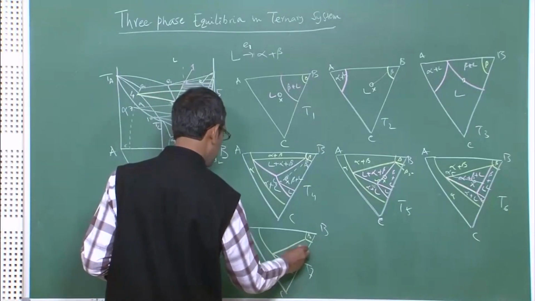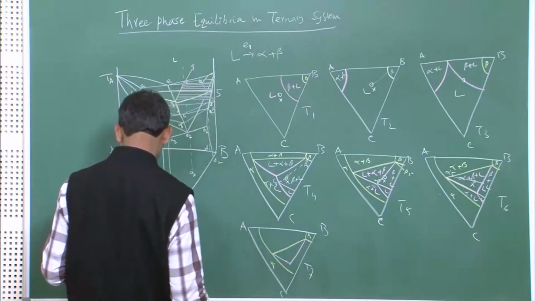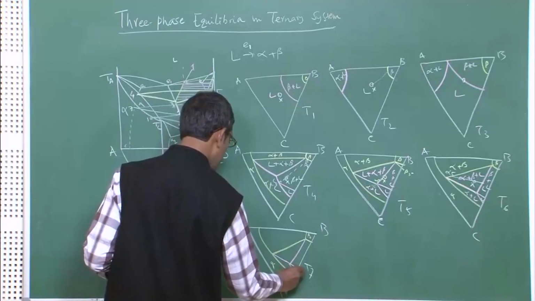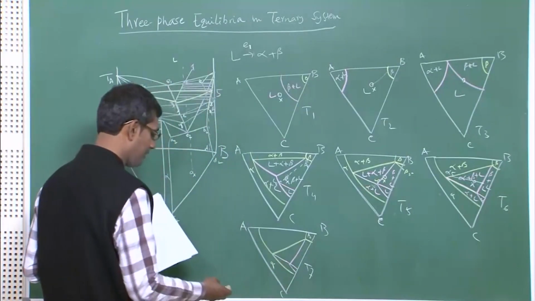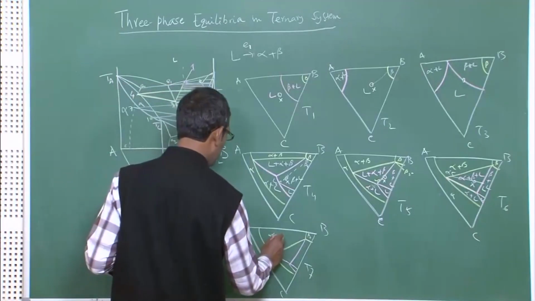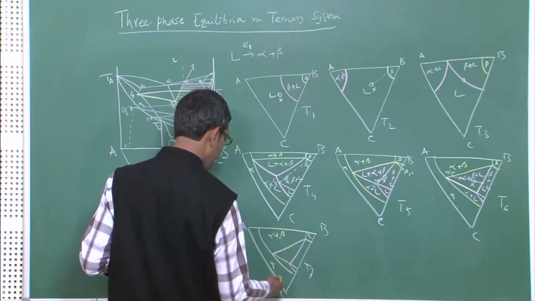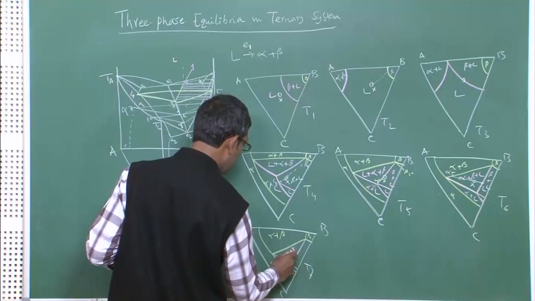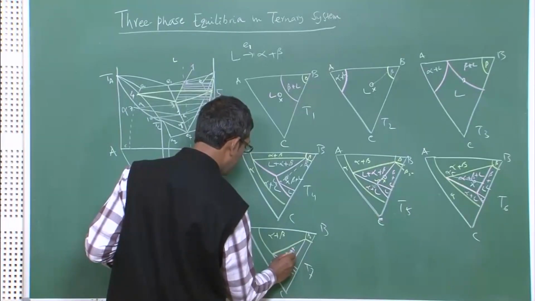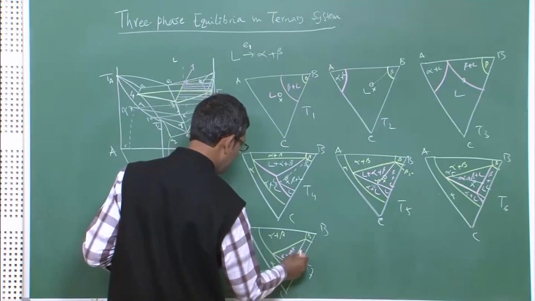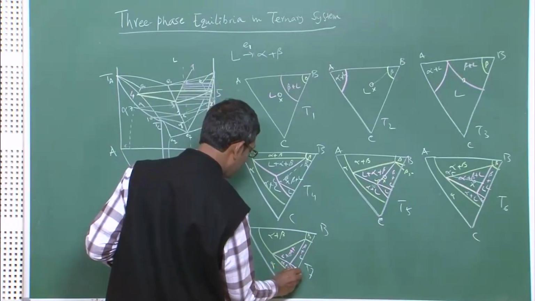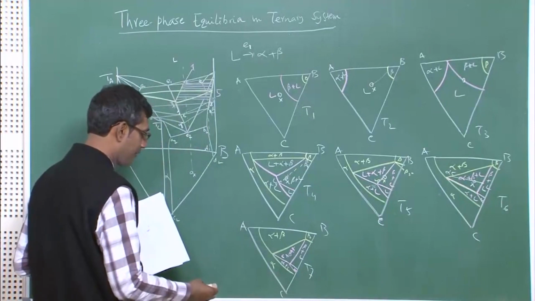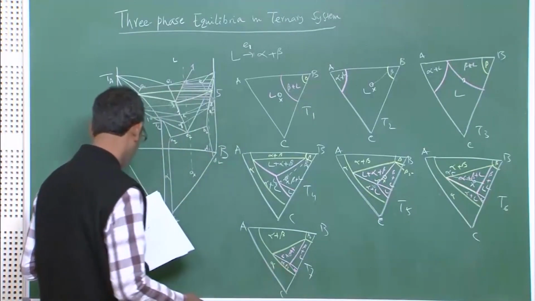The amount of liquid is also getting reduced, that is what you see here, and this is alpha plus beta plus liquid, this is beta plus liquid, alpha plus liquid, liquid. Okay. So, what will happen now?